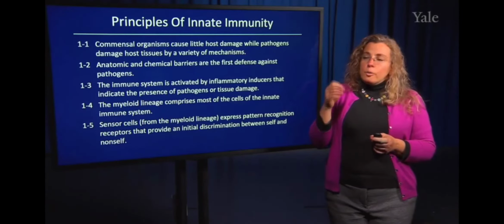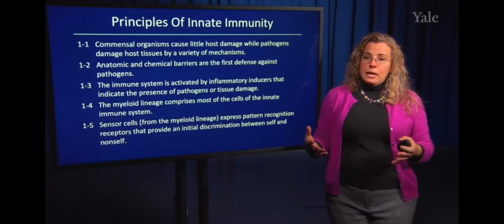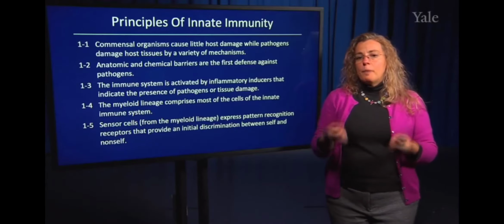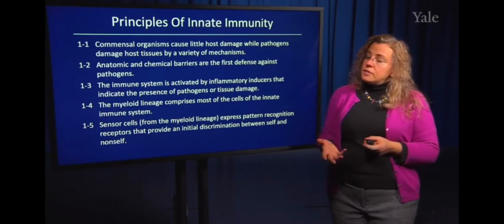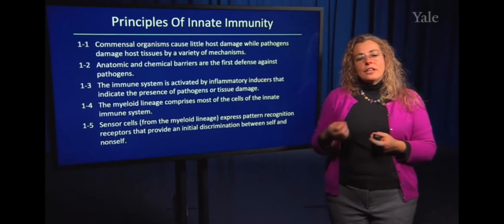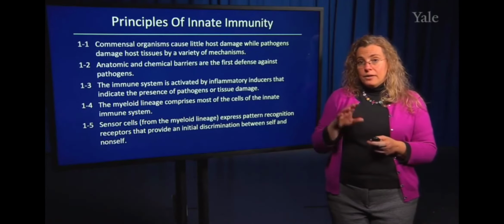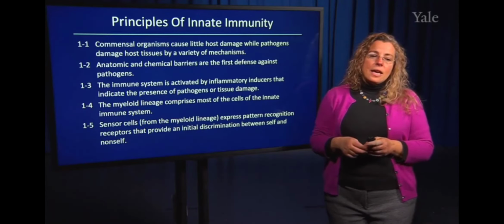Your anatomical, physical barriers protect you. And it's only if those are breached that the immune system has to step up and respond. The immune system will be activated quickly by things that induce inflammation. A lot of that is mediated by those soluble factors, those cytokines and chemokines.